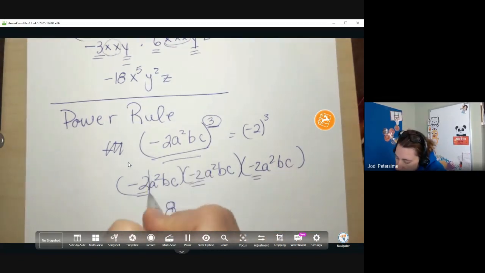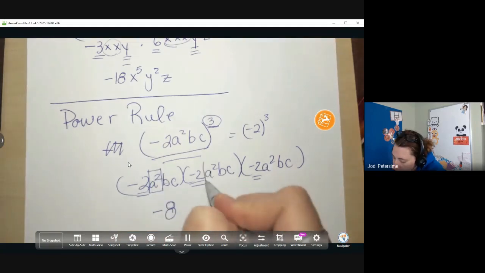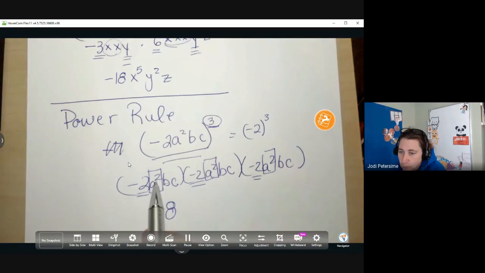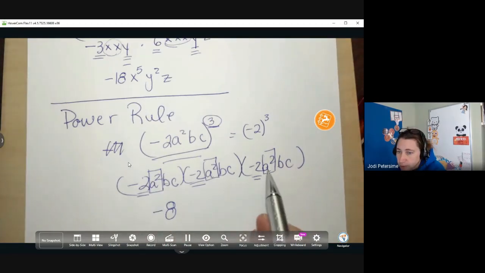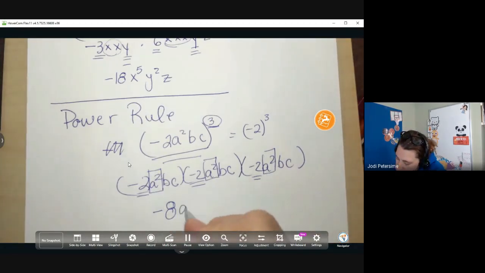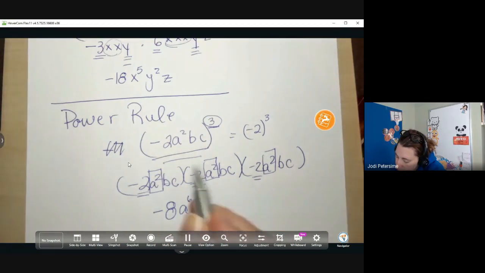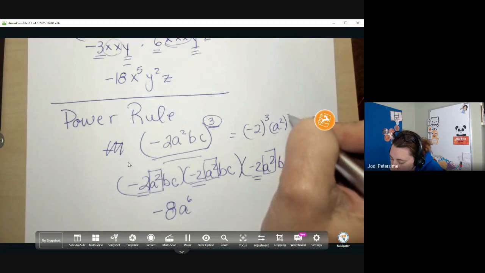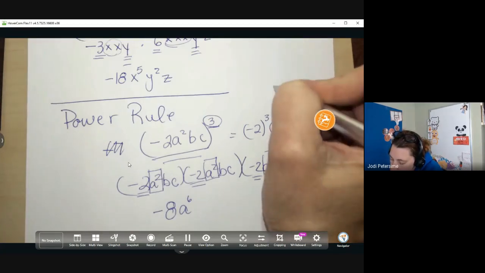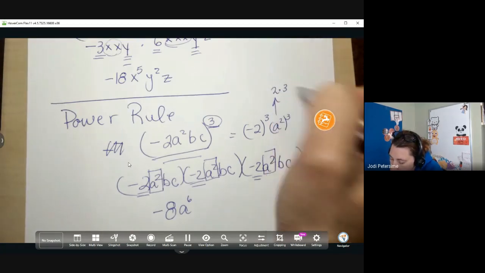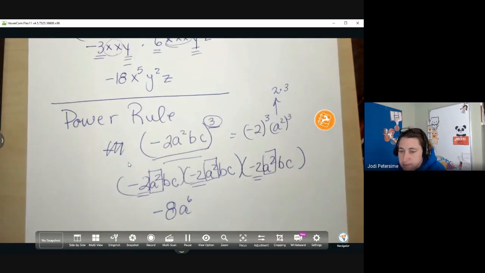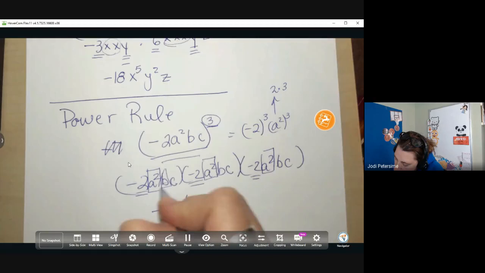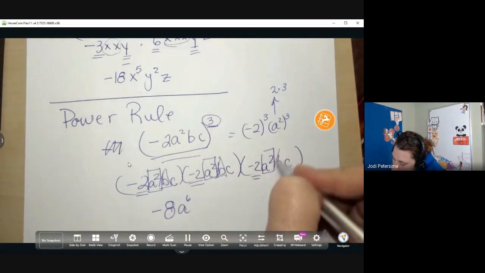And then how many a squareds do I have? I have 3 of those. So how many a's do I have? Well, I have 1, 2, 3, 4, 5, 6. And really that's saying a squared raised to the third power, or 2 times 3, which gives me a to the 6th. And then I have b's. I have 1, 2, 3.